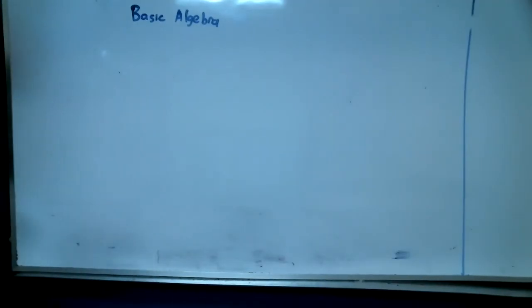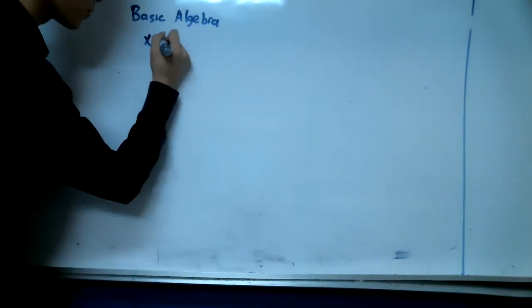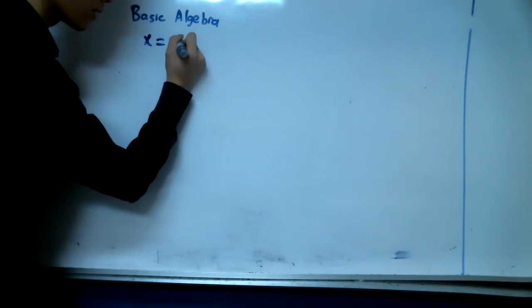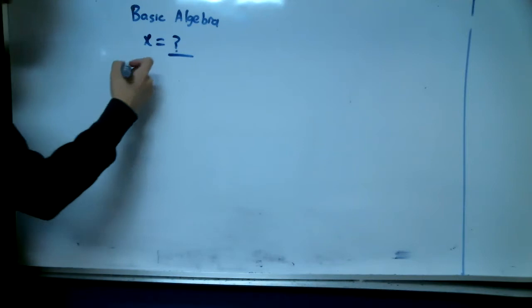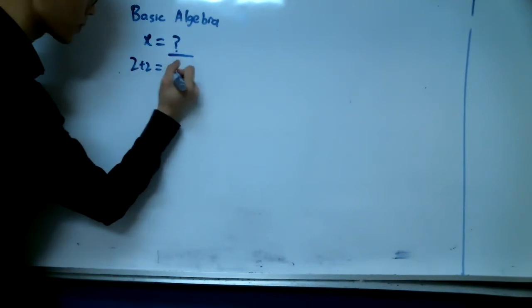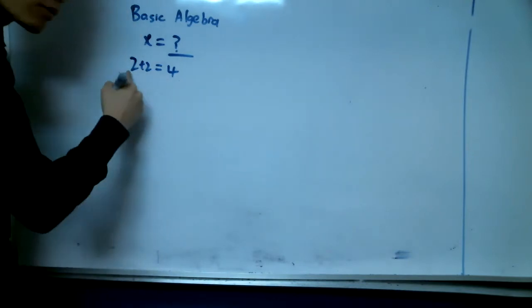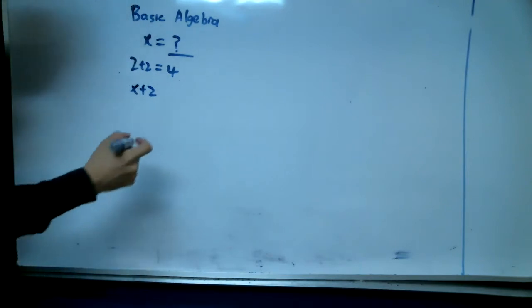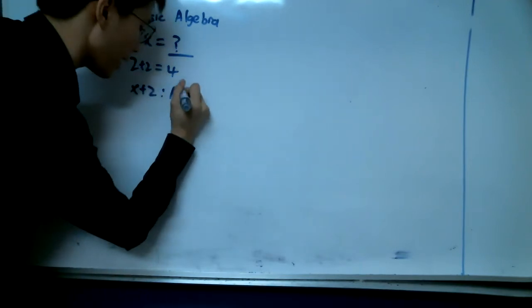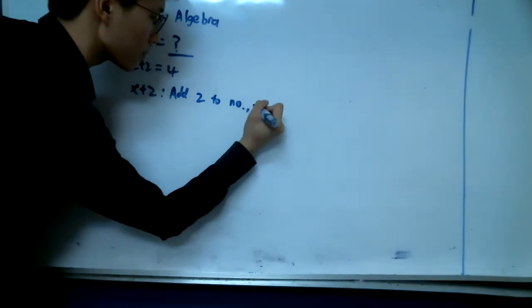Okay, this topic is on basic algebra. To put it simply, algebra is the use of letters to represent an unknown number. For example, we all know that 2 plus 2 equals 4. But if I replace one of the 2's with x, I get x plus 2, which literally means adding 2 to a number x.